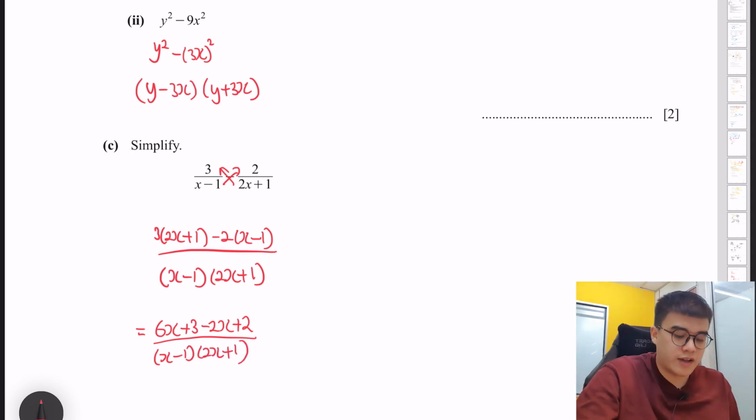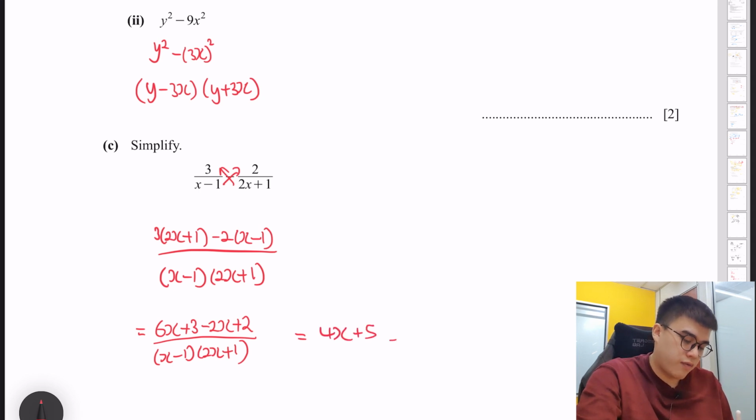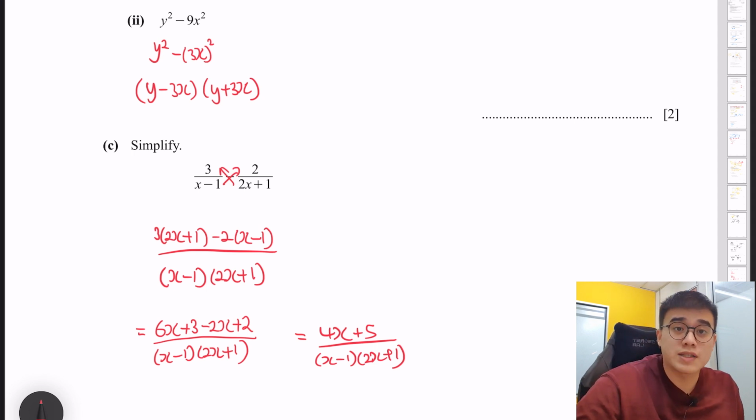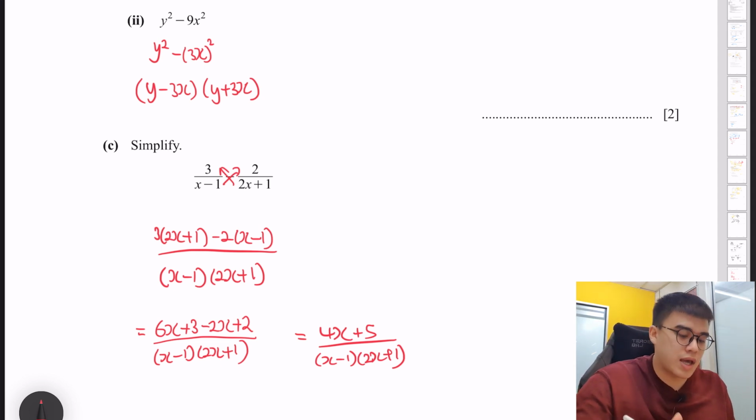Okay, you will get your final answer as 4x plus 5 over x minus 1, 2x plus 1. So this will be the answer that I've set for part C. You are not required to expand the bracket. Please take note of this, else it will defeat the purpose of having you simplify it.